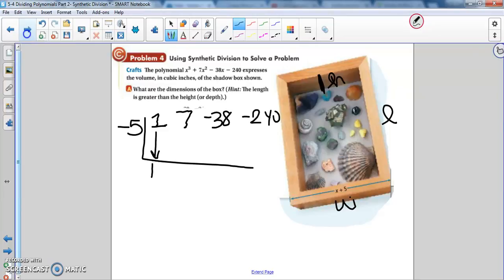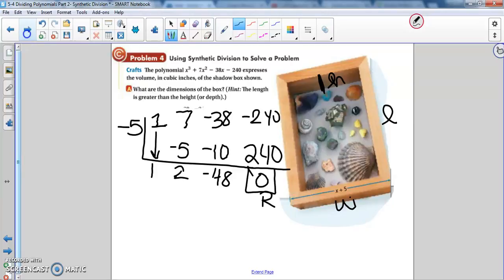Bring my 1 down, I get 1. 1 times -5 is -5. 7 plus -5 is 2. 2 times -5 is -10. -38 plus -10 is -48. -48 times -5 is 240. -240 plus 240 equals 0.